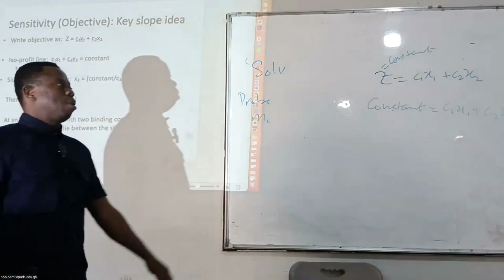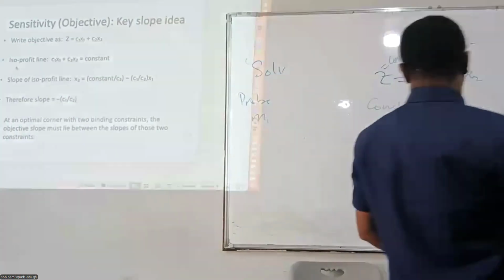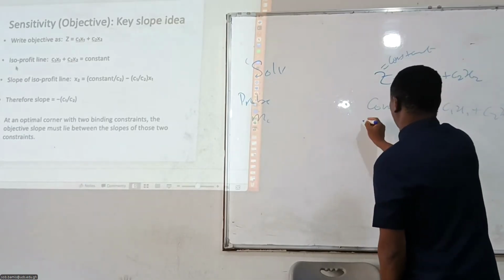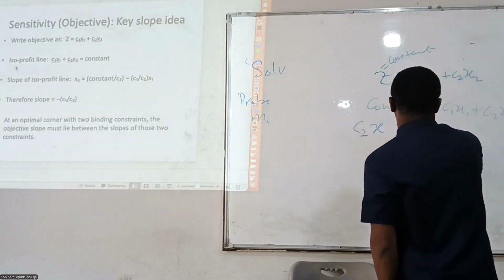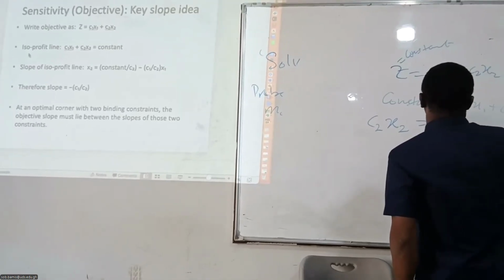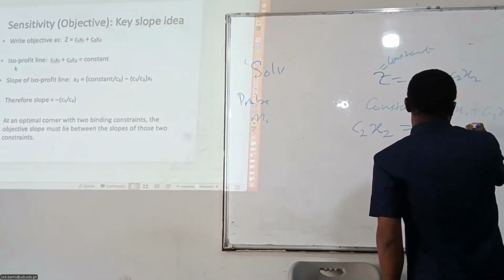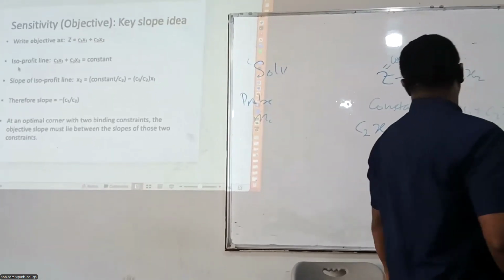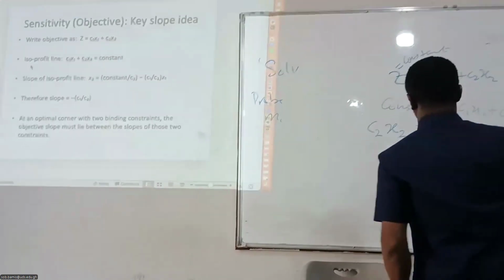So let's be systematic. C2 X2 will be equal to C minus C1 X1. We now divide through by C2.